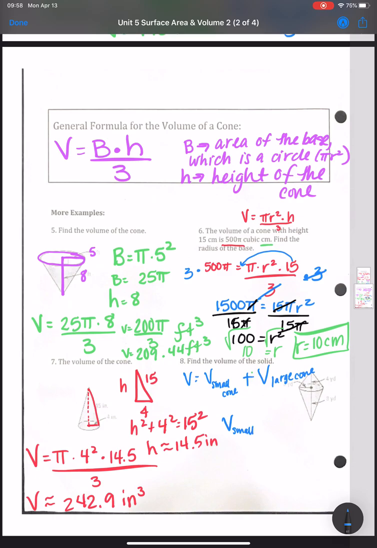It's kind of hard to see those on here, but the radius there is 3 and the height is 4. And down here, the height is 8.